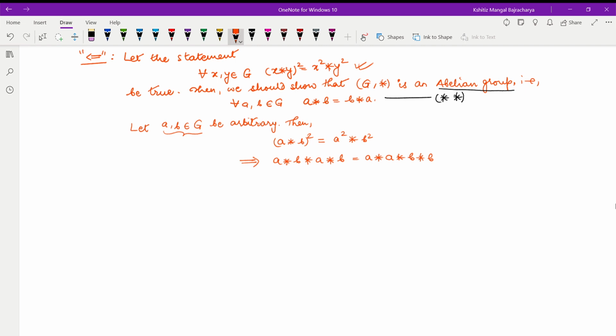We can operate the left side of this equation by A inverse and proceed like this. So if we insert the parentheses like this, we're going to get this to be the identity element.